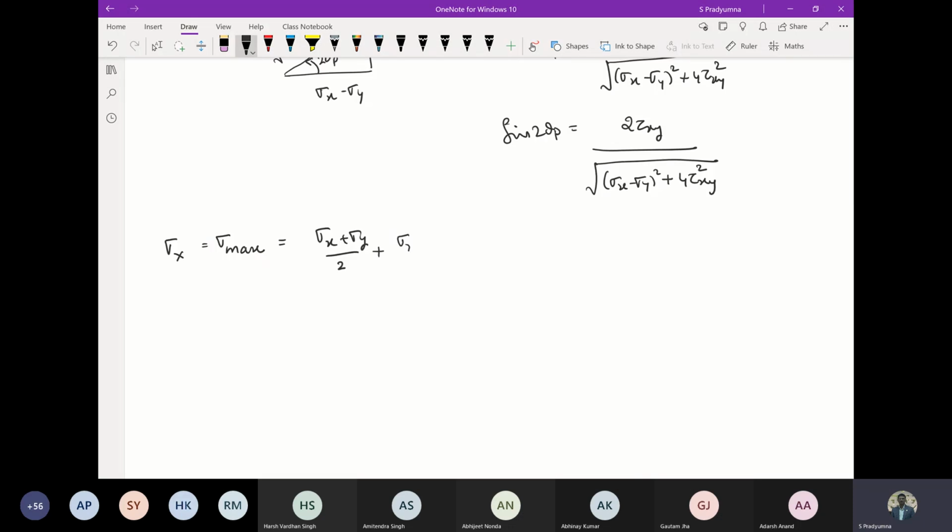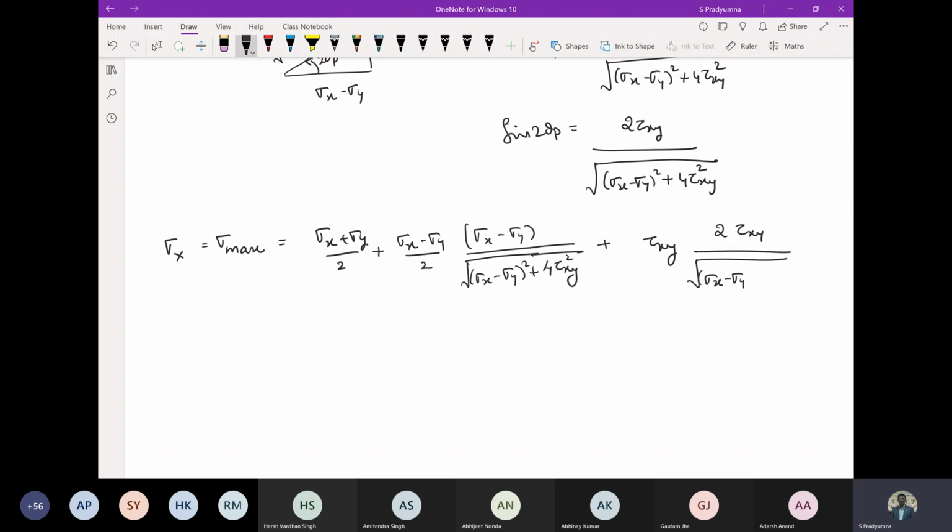plus sigma x minus sigma y by 2 into cos 2 theta p, which is sigma x minus sigma y divided by square root of sigma x minus sigma y square plus 4 tau xy square, plus tau xy into sin 2 theta p, that is 2 tau xy divided by square root of sigma x minus sigma y square plus 4 times tau xy square.